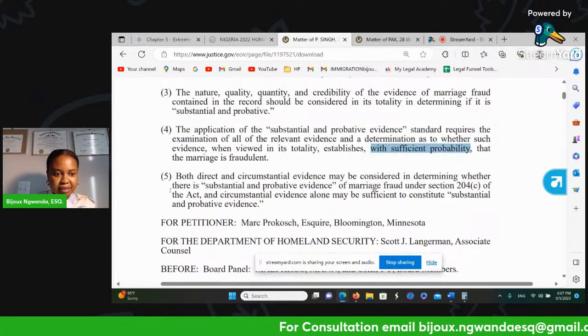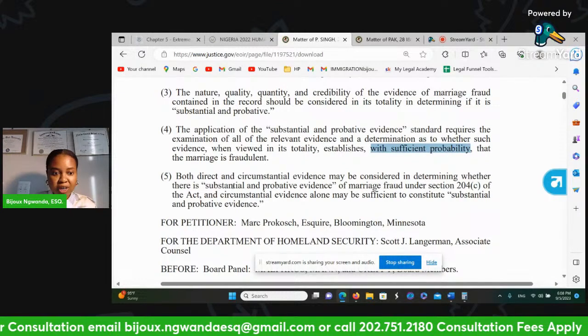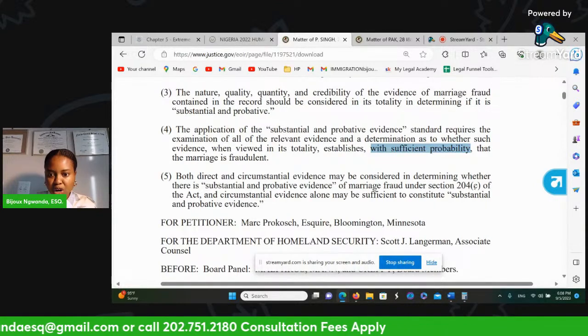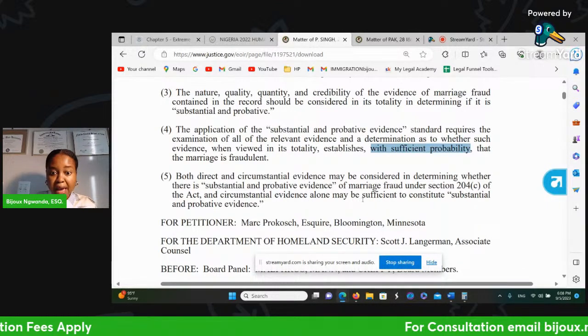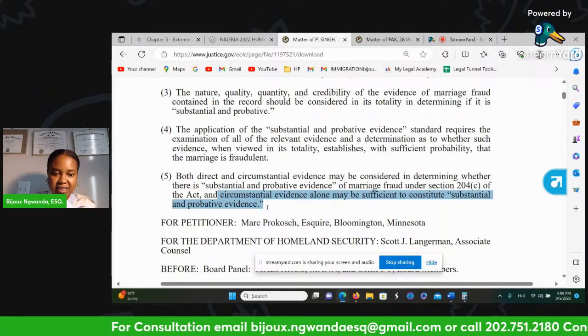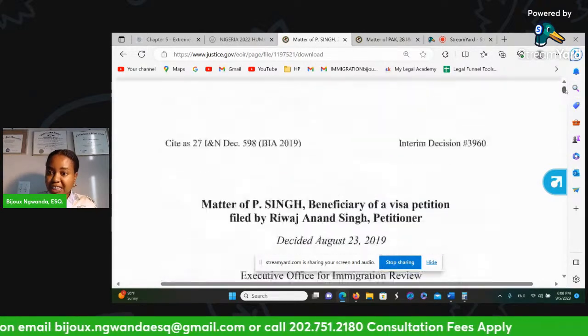Both direct and circumstantial evidence may be considered in determining whether there is substantial and probative evidence of marriage fraud under Section 204C of the Act. And circumstantial evidence alone may be sufficient to constitute substantial and probative evidence. You see how this fraud marriage is?